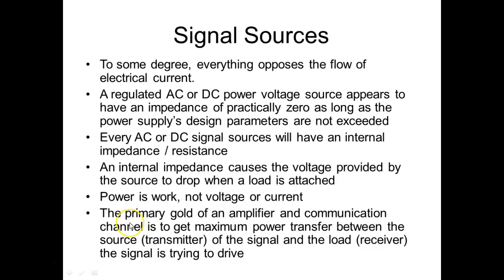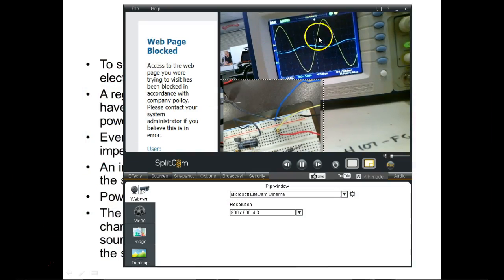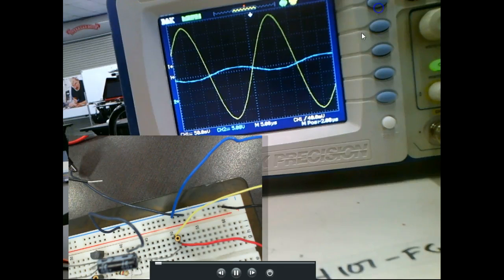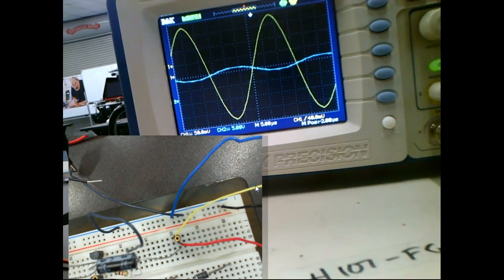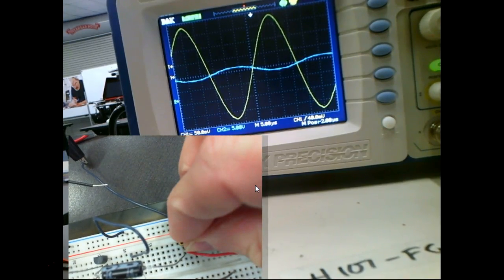So what I've got up here is my signal source, which is my function generator. And what I'm going to show y'all is we're looking at this. All I'm going to do is look at the input of my signal source, and I'm going to come up here and disconnect it from the amplifier. Y'all can see that?